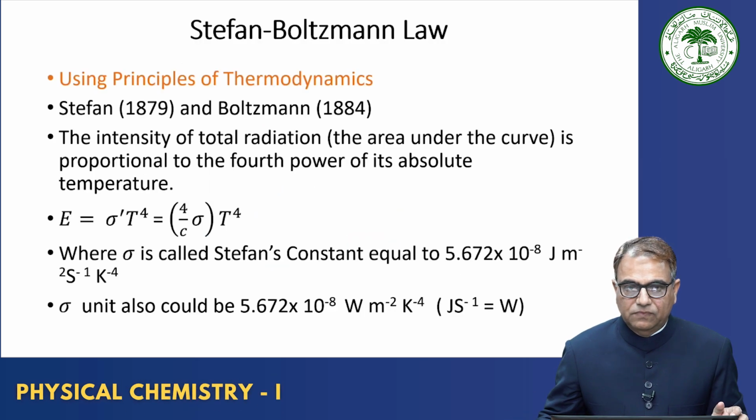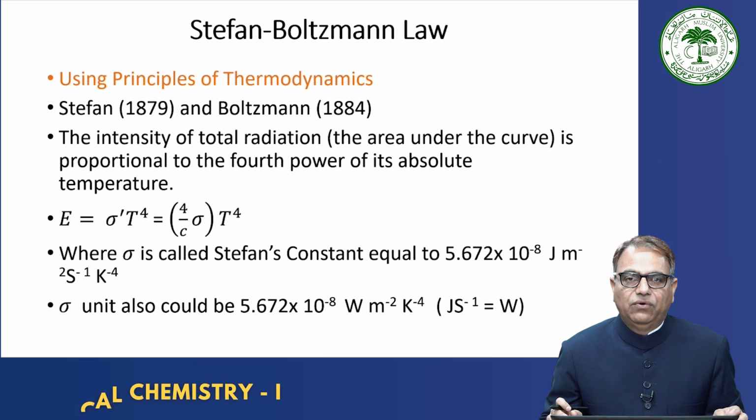The first attempt to explain blackbody radiation was made by Stefan-Boltzmann, using the principles of thermodynamics, between 1879 and 1884, at the end of the 19th century. They said that the intensity of total radiation is proportional to the fourth power of its absolute temperature.